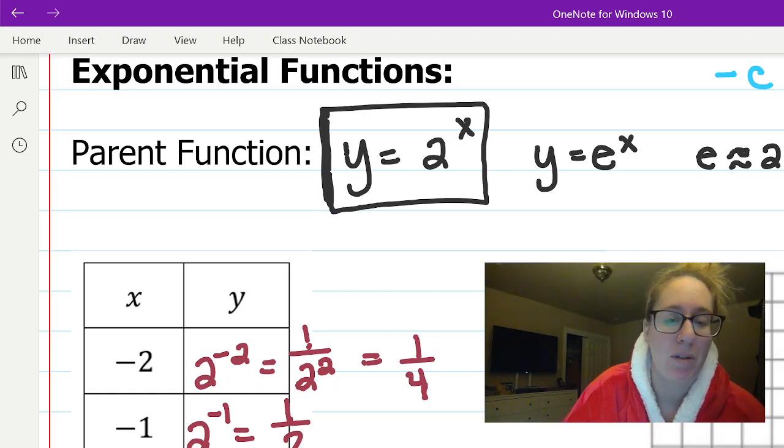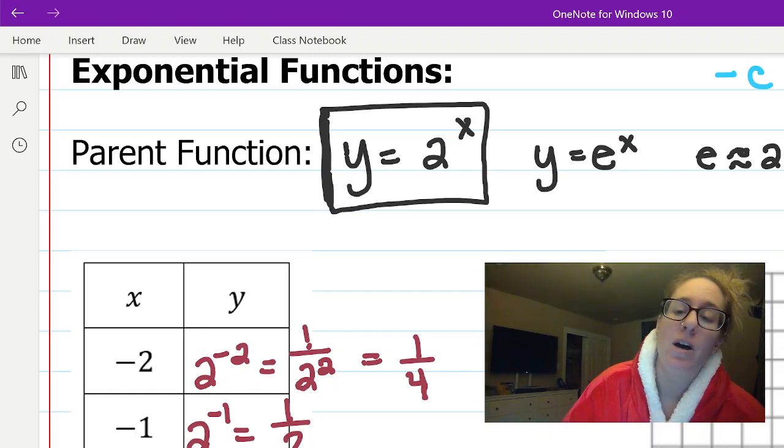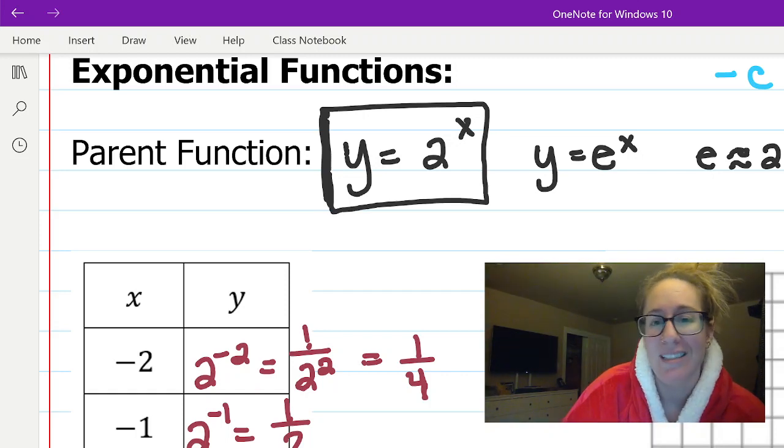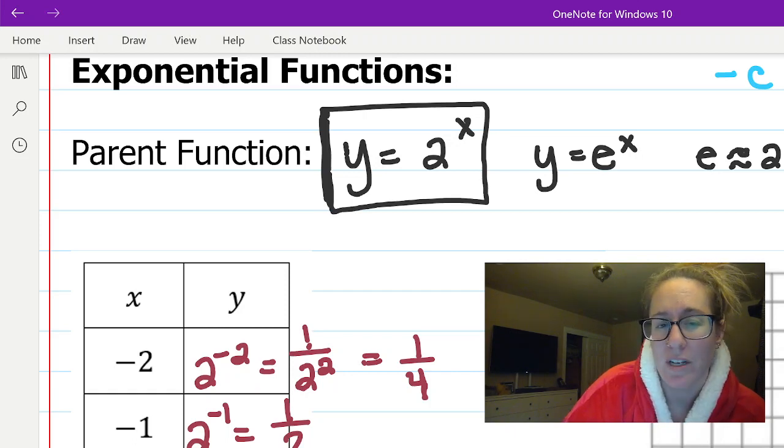If you don't believe me, plug it in. It's super small, but that decimal number is still larger than 0. So what we have to recognize is that no matter what x value we plug in when we're in the negative direction, we're going to get really close to 0, but we're never going to be 0. And we're also never going to be a negative number.